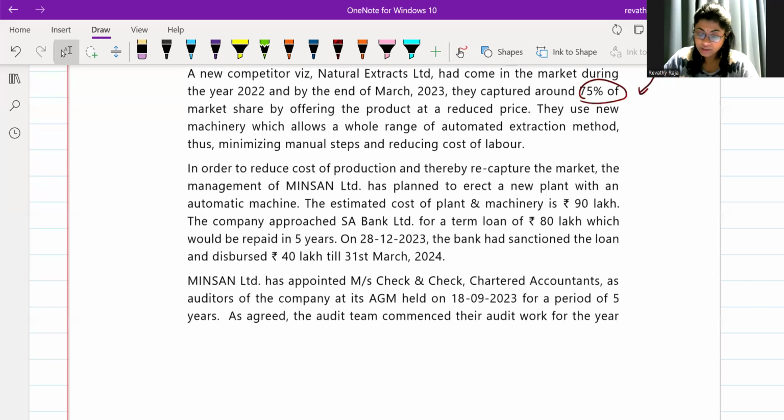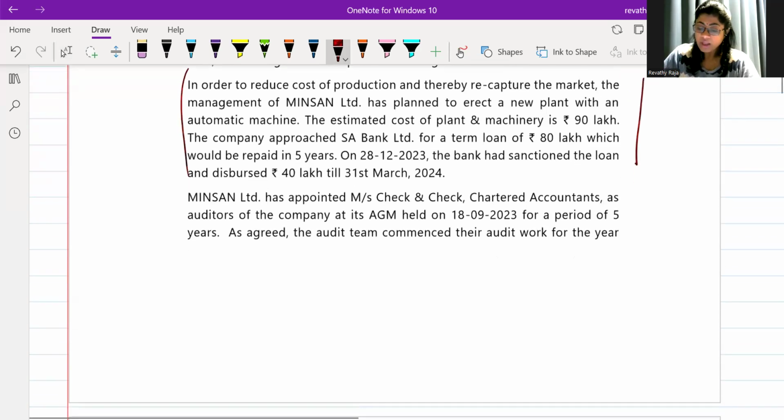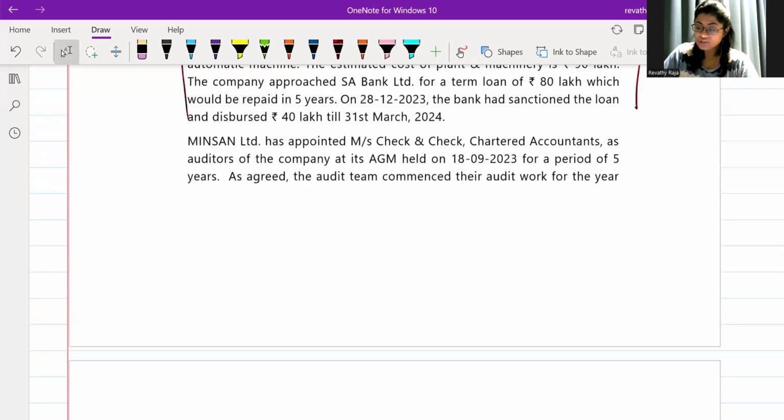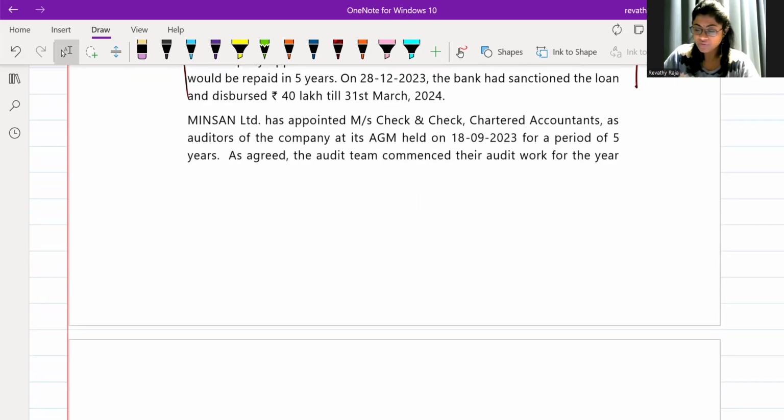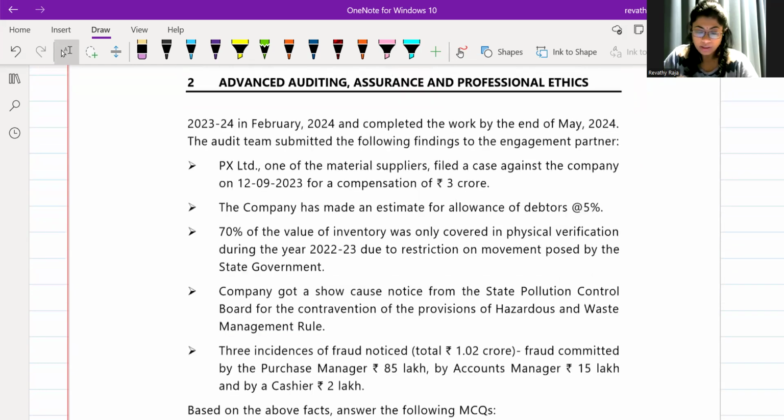The bank sanctioned the loan and disbursed 40 lakh. Okay, so they're taking the loan. They appointed Messrs. Check and Check CAs as the auditors in the AGM for a period of 5 years. As agreed, audit team commenced the work for the year and completed the work. The team submitted the following findings.